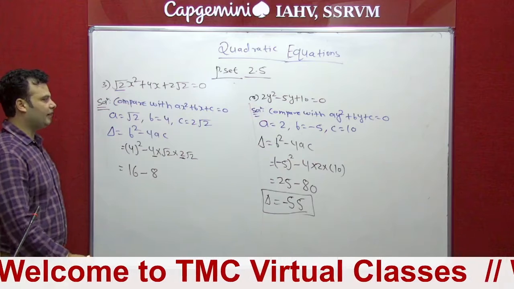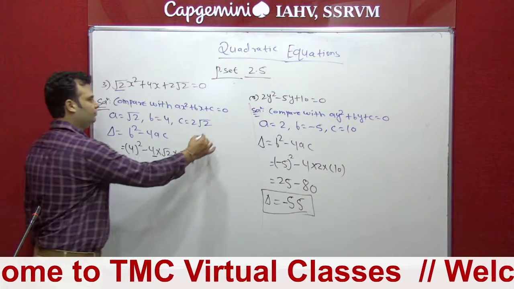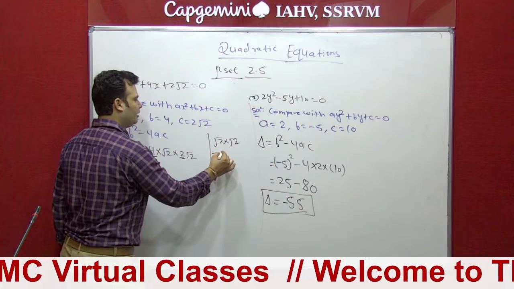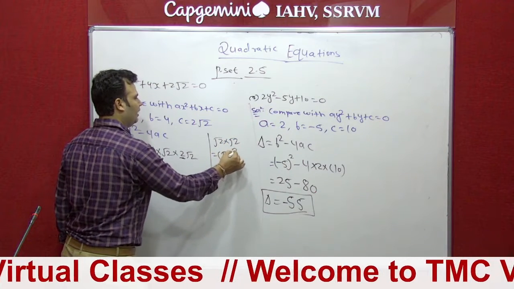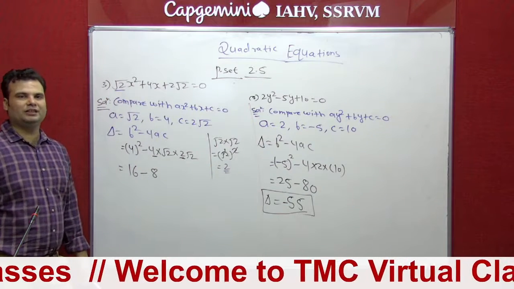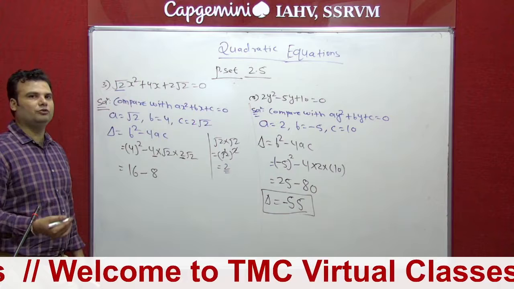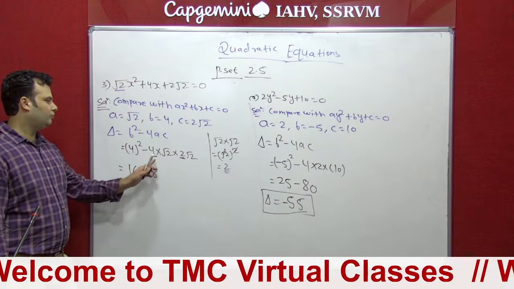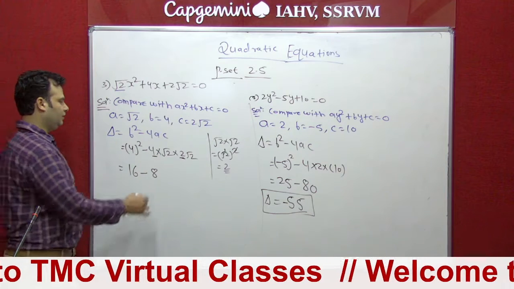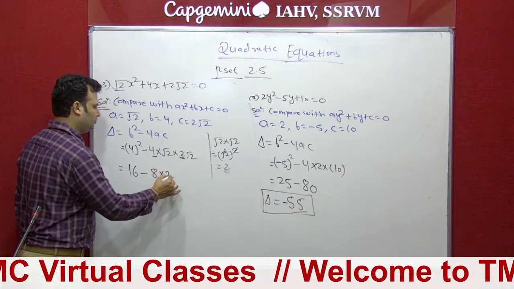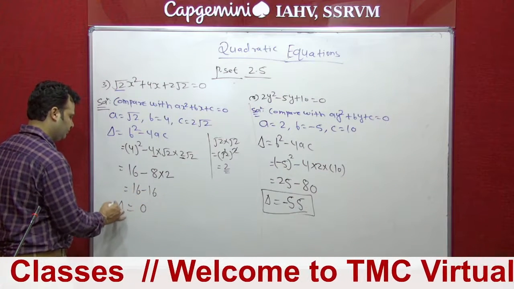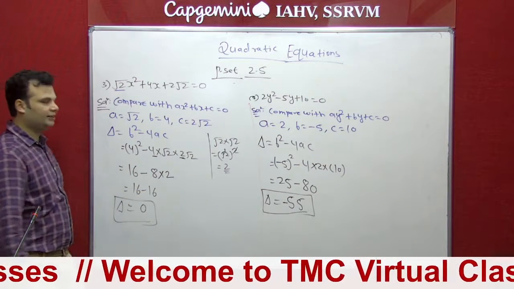Whenever you multiply root 2 into root 2, it become root 2 square and it become cancel. So answer is 2. Whenever you multiply root 3 into root 3 become 3, root 4 into root 4 become 4. So 4 into 2 is 8, root 2 into root 2, that is 2. So 16 minus 16 become 0. So again this one is also very simple.